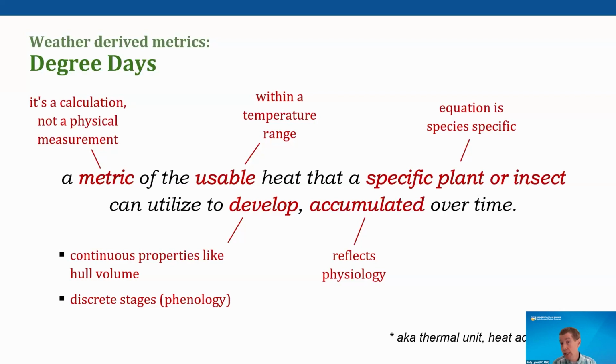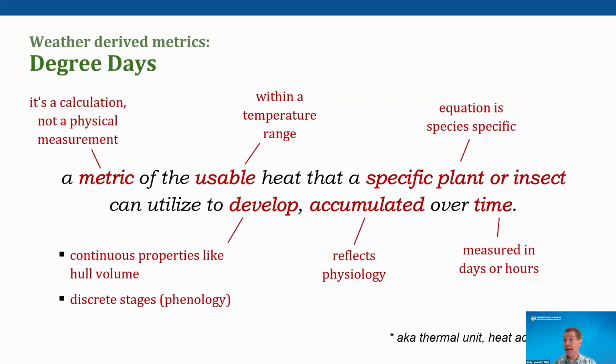Finally, the reason that this metric is accumulated over time is because that reflects the physiology of these organisms. For a bud to become a flower, little physiological processes have to go on, the development of proteins and sugars and so on, and it takes time for that to happen before that phenology event can happen. So that's why these models accumulate the temperature over time.